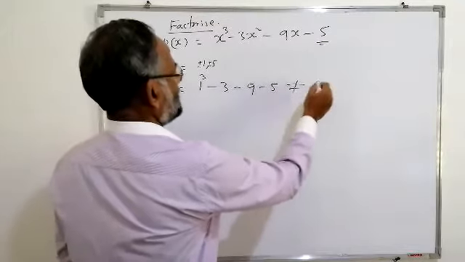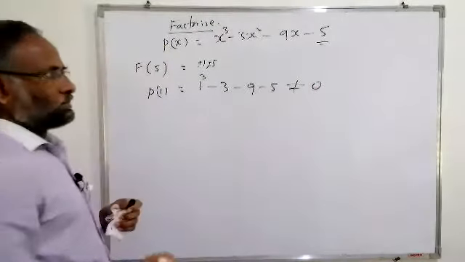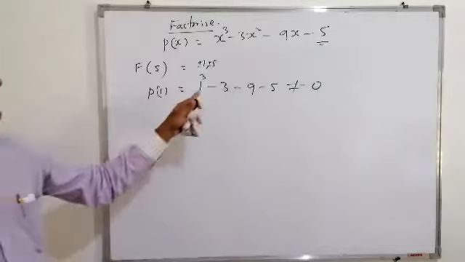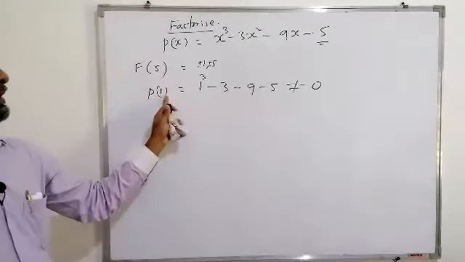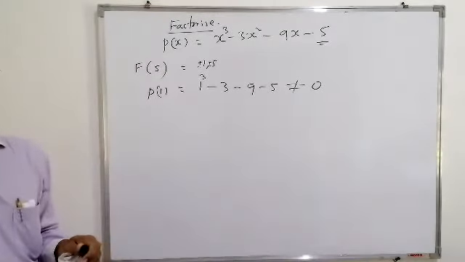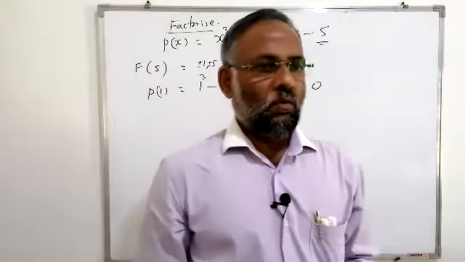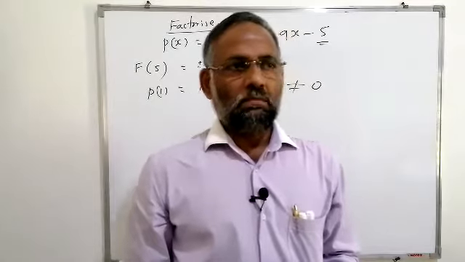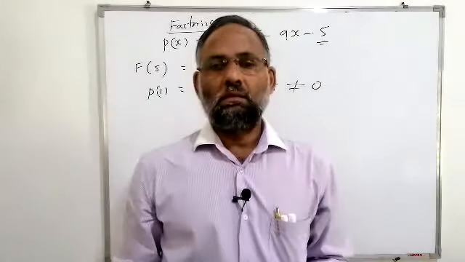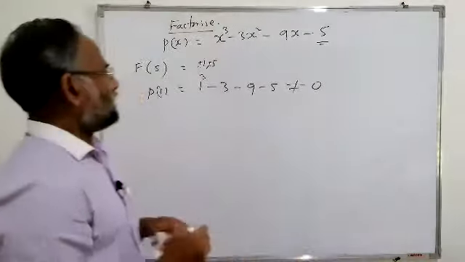No, it is not 0. It must be 0, then only. P1 is not equal to 0. The factor theorem is telling us, if P1 is 0, x minus 1 is a factor. So it is not a factor.